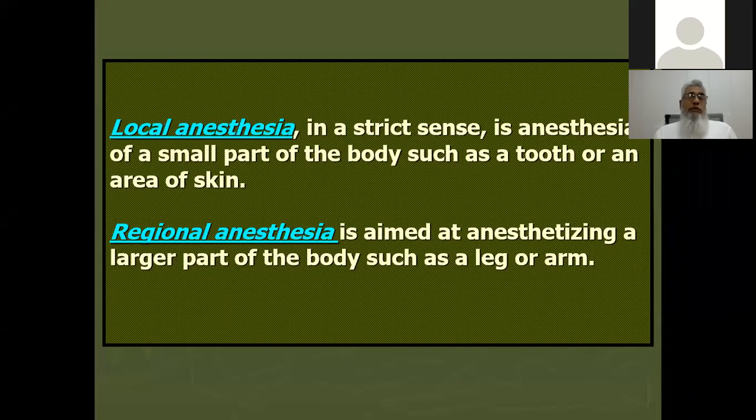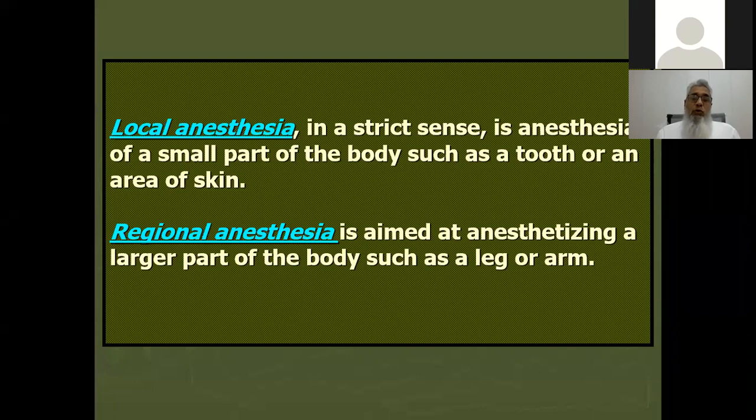Now, what is the difference between local anesthesia and regional anesthesia? Usually, local anesthesia is applied to a small part of the body where the local anesthetic is injected or given by topical application. So it is a discrete area of the body which is anesthetized. Usually the minor surgical procedures are carried out under this local anesthesia.